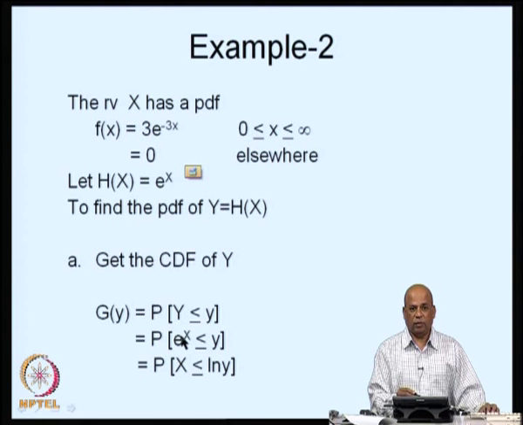So, this we write as e to the power x less than or equal to y, and by taking the logs we write this as probability of x being less than or equal to log y.